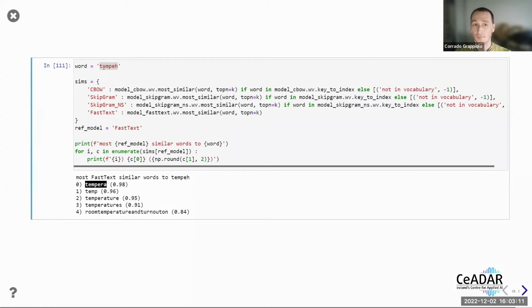And I don't know, tempera, to me at least, because I'm Italian, is the same as paint. I'm not really fond of tempe, so to me tempe and paint are somewhat related, but it's debatable, let's say. Or at least temperature doesn't really have anything to do with tempe, yet this fastText model returns that word as very similar to tempe.